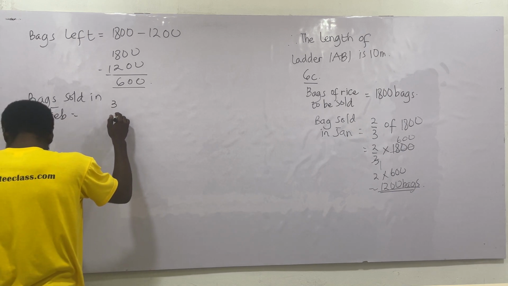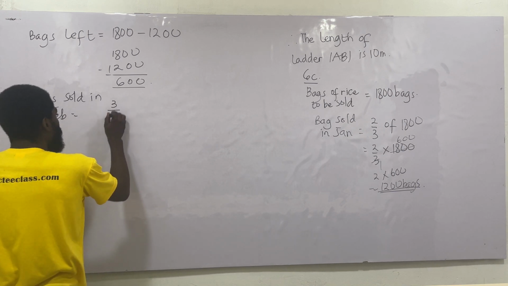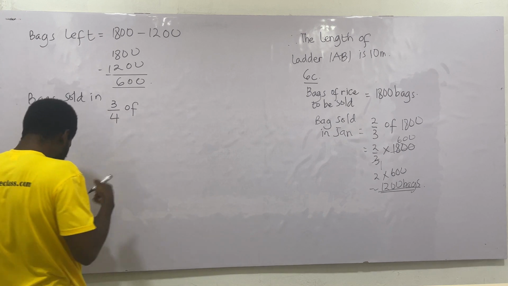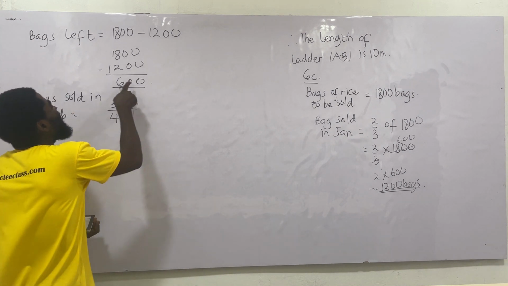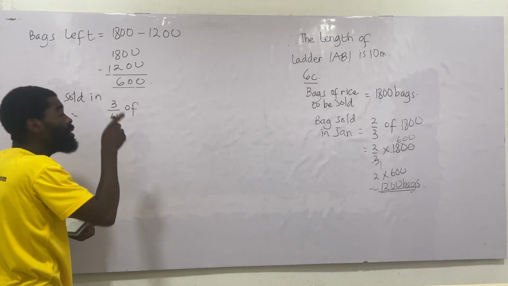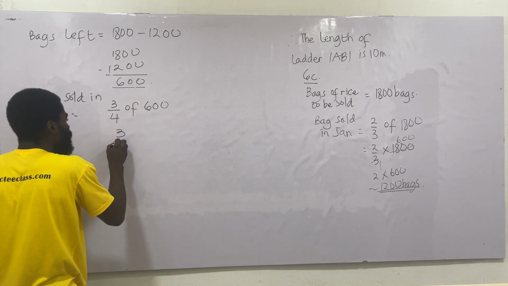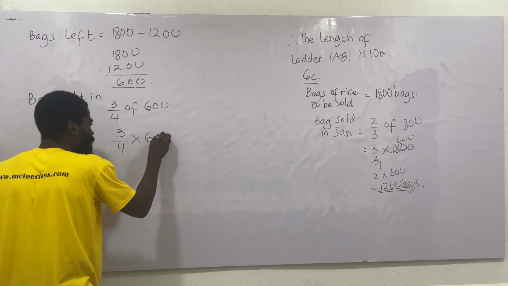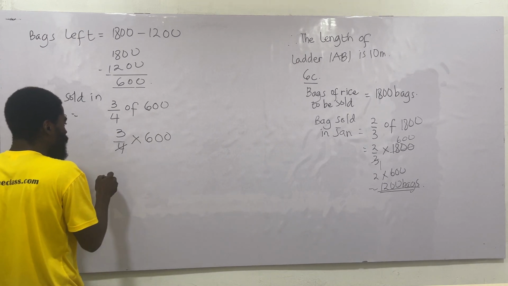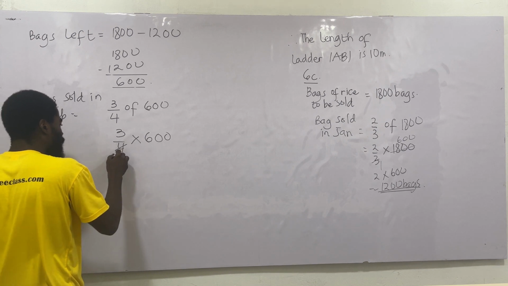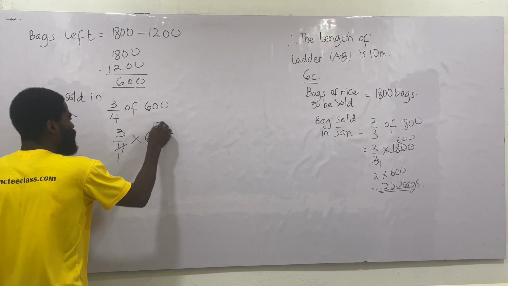Once again, it is 3/4 of what is left. What bags are left? 600. It's very, very simple. So of what we have, 600. So this is 3/4 times 600. How many times can 4 go into 600? 150 times.